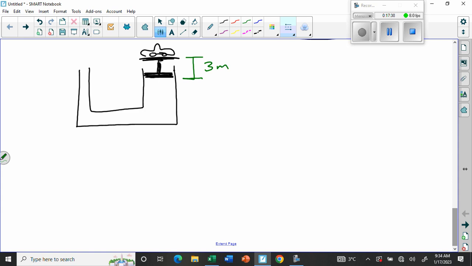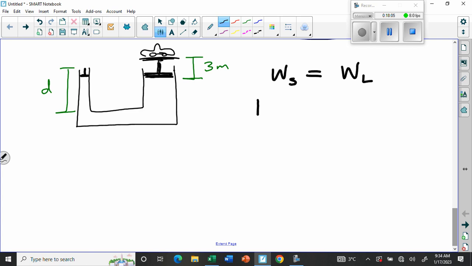So now how far would we have to push the small piston down? I didn't draw the piston there. How far would we have to push that piston down? Well, again, we could understand that the work done in both situations must be equal. So the work done by the small piston must also equal the work done by the large piston.